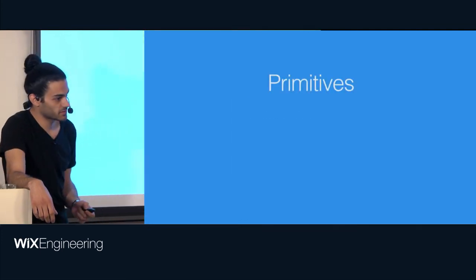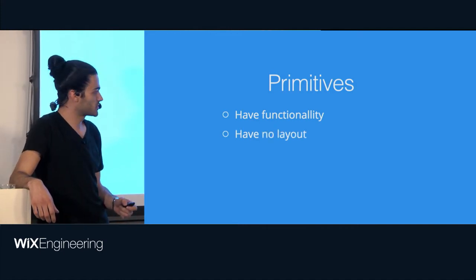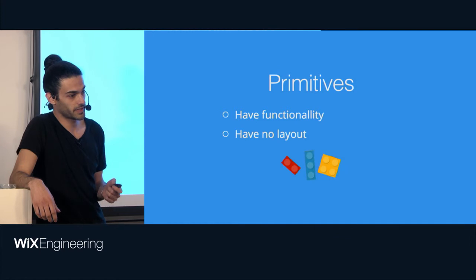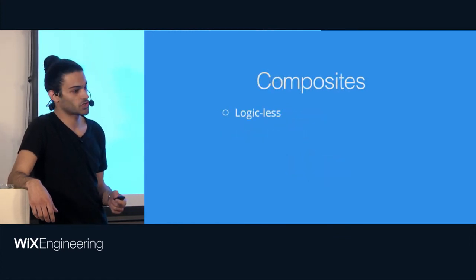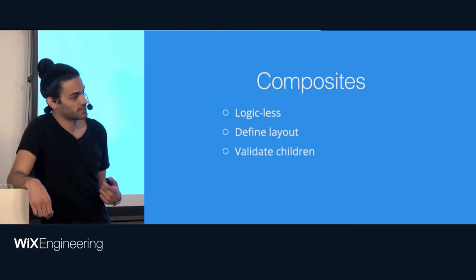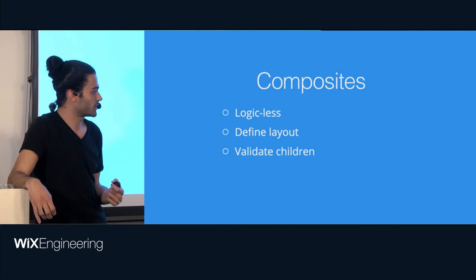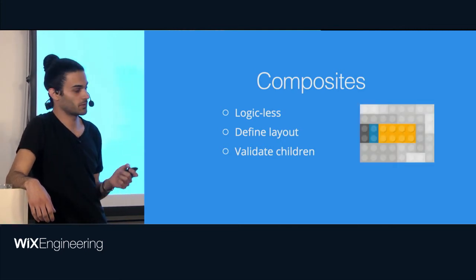So primitives have all the functionalities. They have no layout whatsoever, essentially the Lego blocks. Composites have no logic whatsoever, and they define the layout and validate that they have accepted the children that we need. Essentially, the template on which we put the Lego blocks.